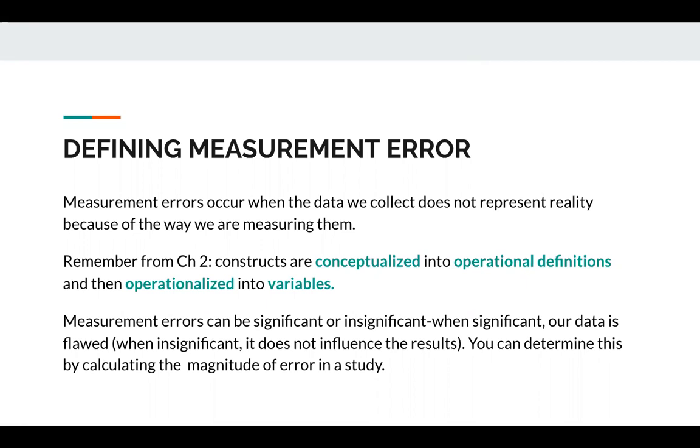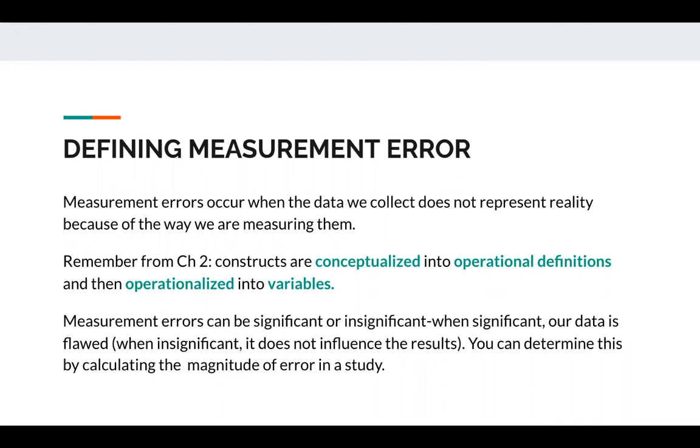And that's because these are oftentimes ideas, concepts, phenomena that can have possible multiple meanings and interpretations depending on who you ask. So you conceptualize them into operational definitions, which clarifies how, for your particular study, that construct is going to be seen, is going to be defined.